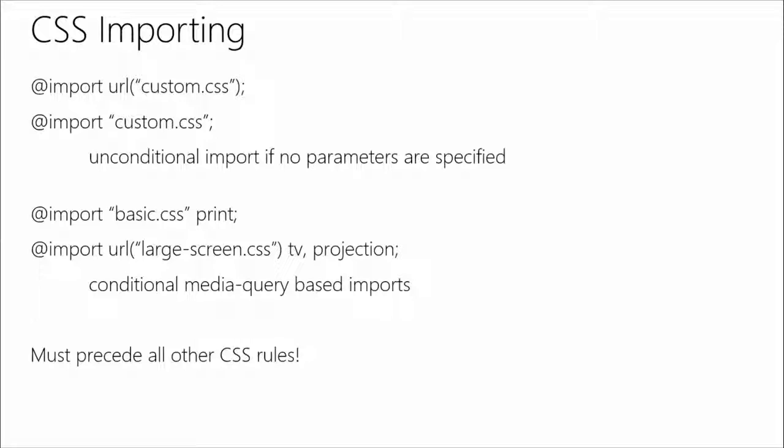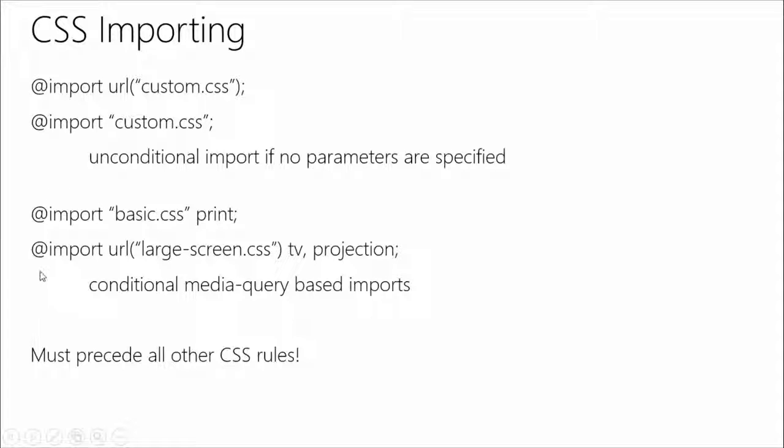It's really important to put these at the beginning of your CSS file. That's the only place they can go. They have to precede all other elements. And you can import them in a couple ways: using the URL function, or just the straight string for their location. These would be unconditional imports because there are no parameters specified.